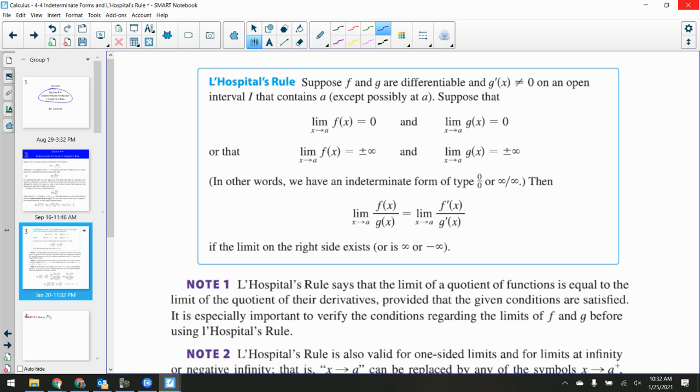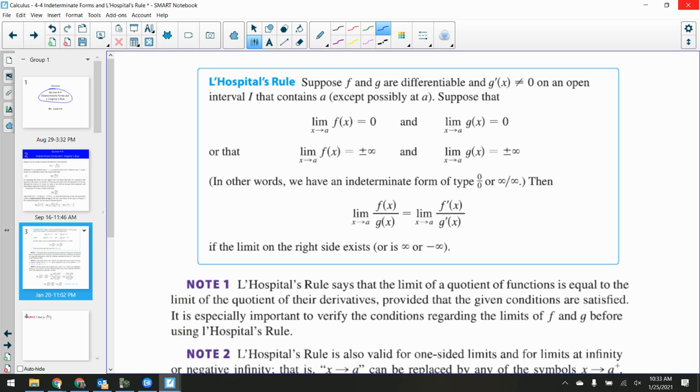Suppose that the limit as x approaches a of f of x is equal to 0 and of g of x is equal to 0, so the top and the bottom function both go to 0. Or the top and the bottom function both go to infinity.